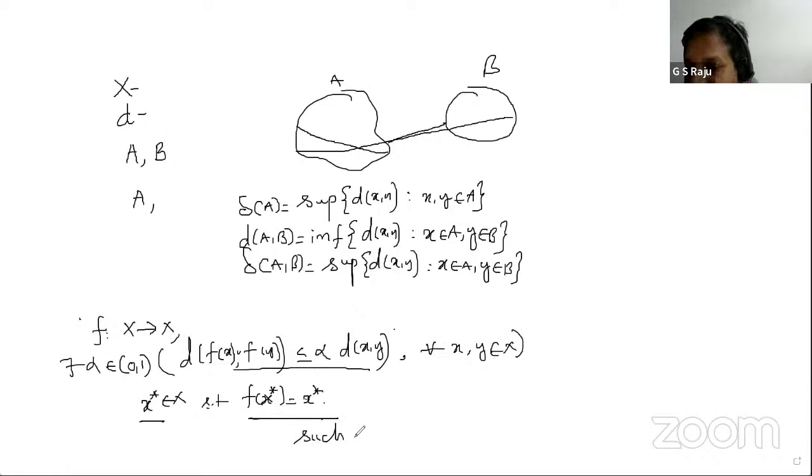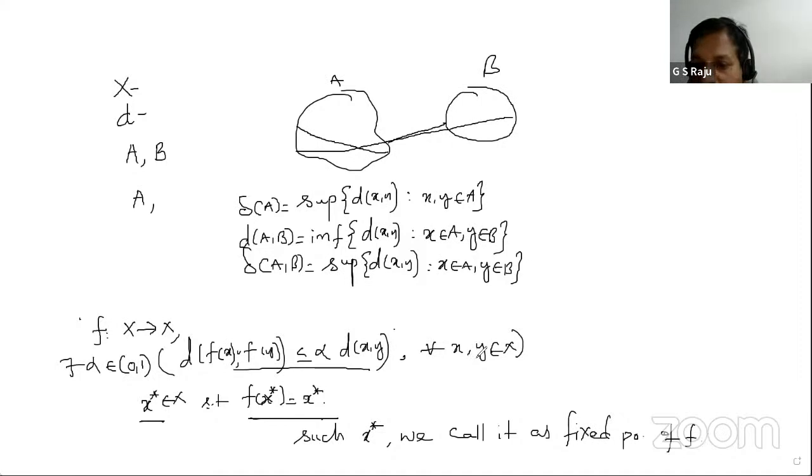Such an x star we call the fixed point of the function f.